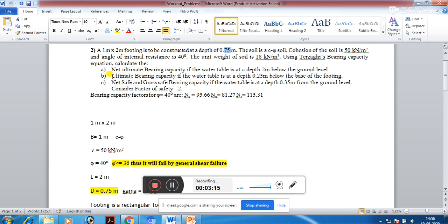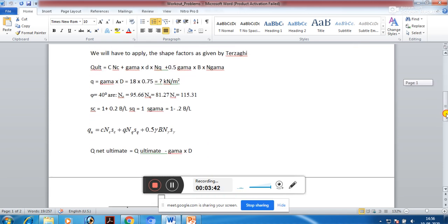However, in question B it is asked to find the ultimate bearing capacity if the water table is at a depth 0.25 meter below the base of the footing. So what do you think will change in Terzaghi's bearing capacity equation in that case?